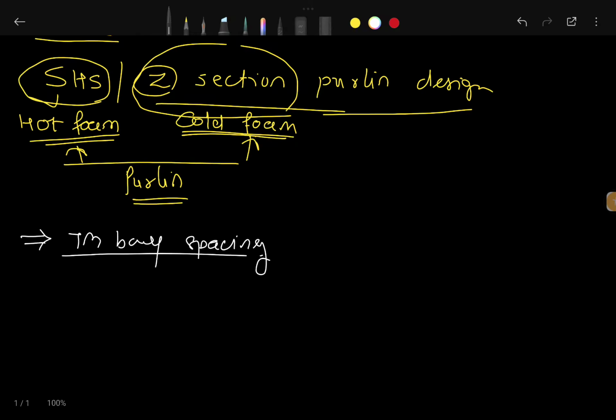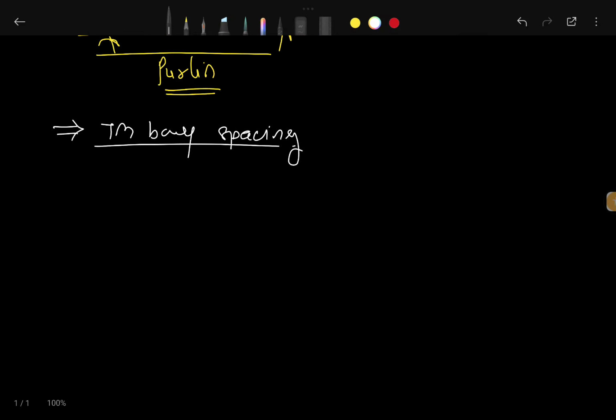Okay, now let's start. Here is some given data available for our analysis. Given data: first, purlin span and purlin spacing. Purlin span is equal to 7 meter, and spacing of rafter is 7 meter.